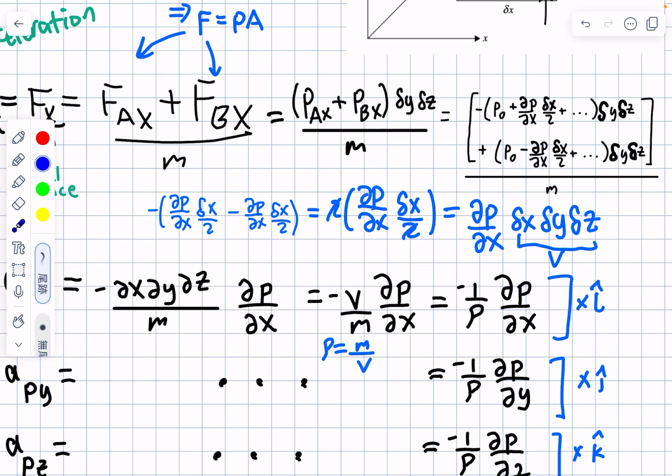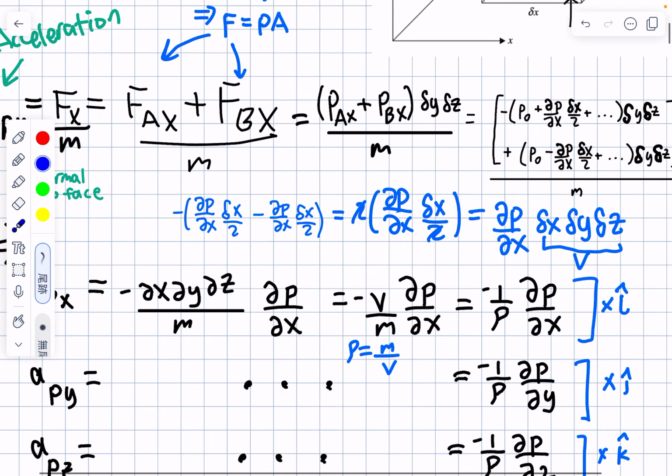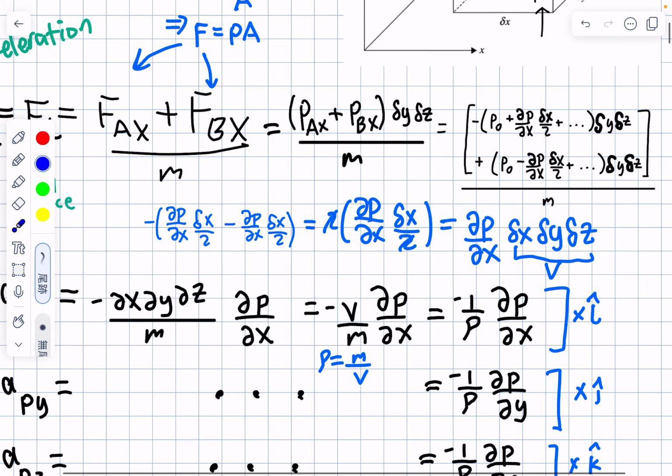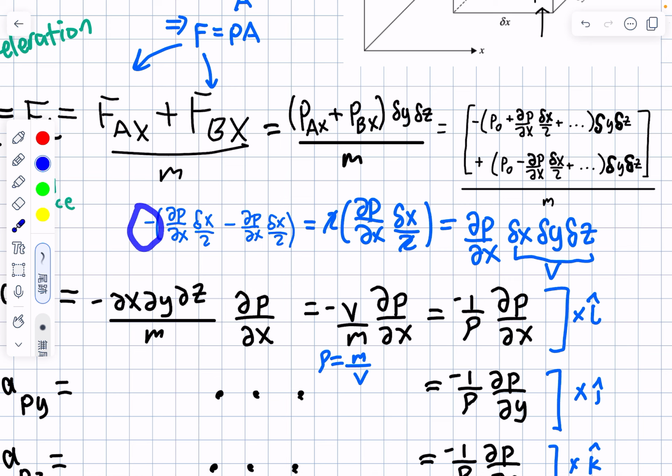To combine these terms, we'll end up getting negative partial p partial x delta x over 2 minus partial p partial x delta x over 2.